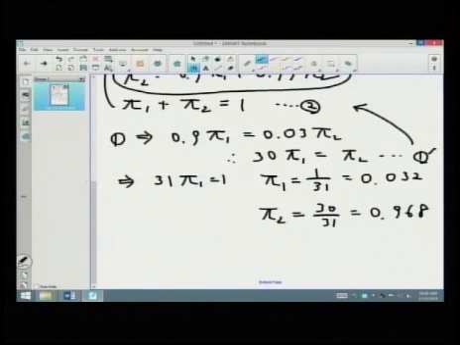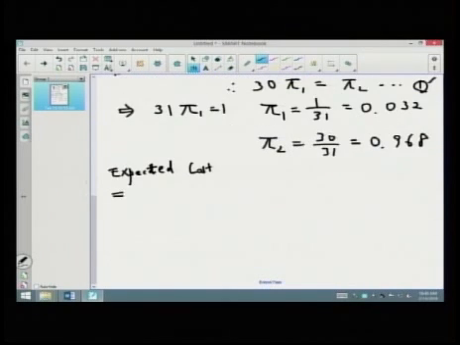So let me write down here expected cost per each period, right? That's going to be what? So we have to multiply some value here times $100, right?